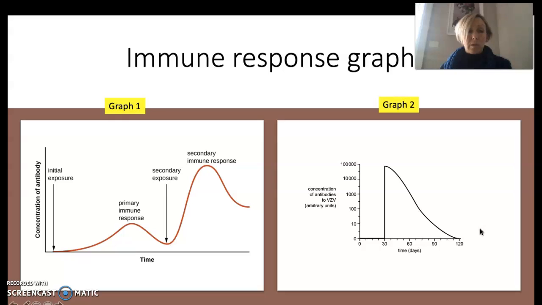Okay, pause the video, and then when you press play again, I will give you a model answer, and please check that against your descriptions of the graph. Really, really important that you learn to describe the graphs of immunity in the correct terms and very specifically. Okay, so describe graph 1, and then underneath your sketch, describe graph 2, and then press play.